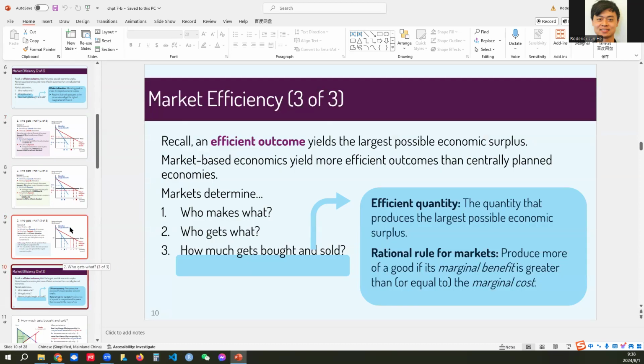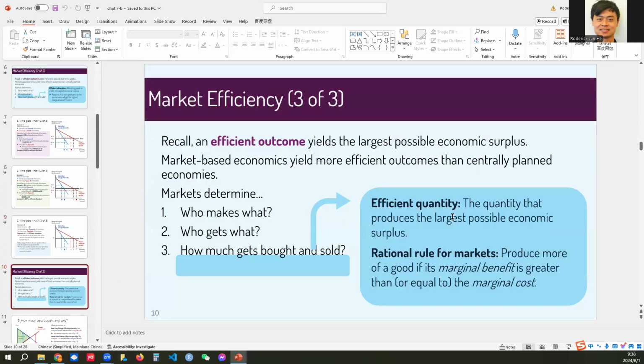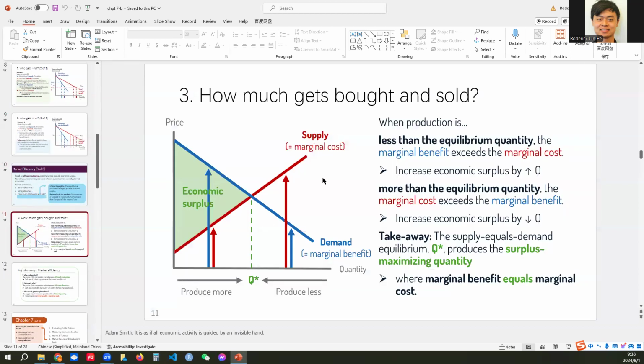So these are the two sides of the market, and how they can achieve efficient outcomes. So the efficient quantity is the quantity that produces the largest possible economic surplus. And the rational rule for the market is to produce more of a good if its marginal benefit is greater than or equal to the marginal cost. So here, let's look at the entirety of the market when supply and demand meet each other.